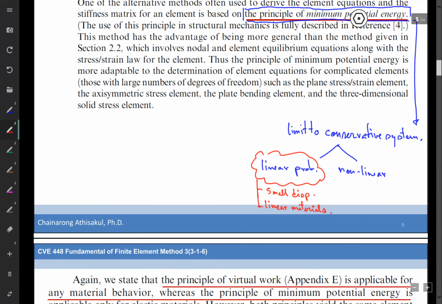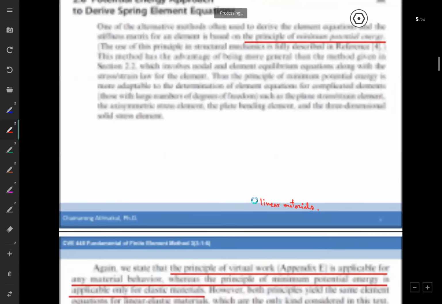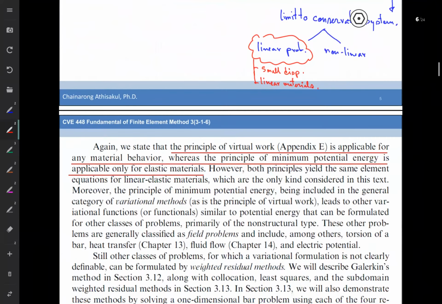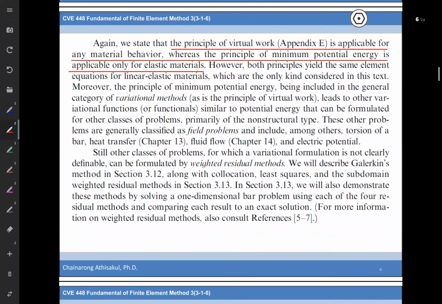According to the principle of virtual work, if we apply the principle of virtual work first and then use the calculus of variations, which we will not talk about in depth, we will obtain the principle of minimum potential energy also.